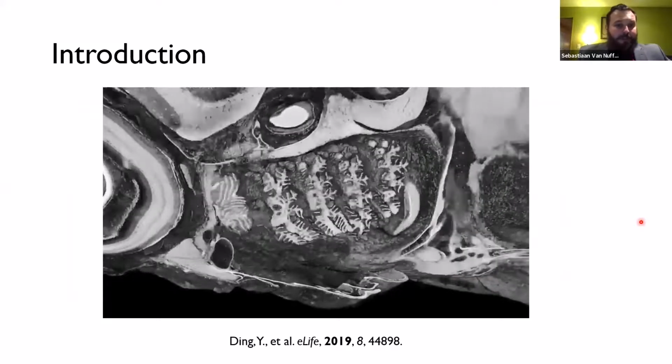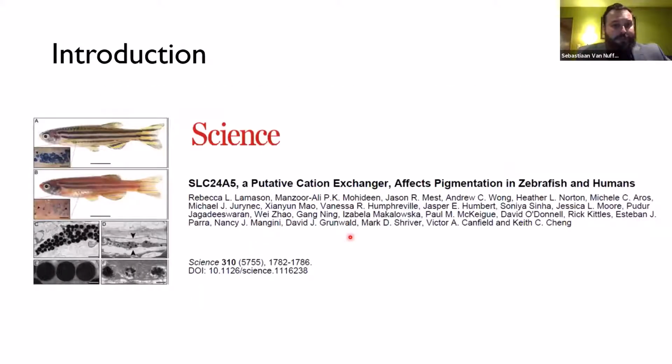A couple of years ago, in 2005, Qi published a very significant paper where they compared the genome of the wild-type zebrafish with that of the golden mutant. The golden mutant is a lot paler compared to the wild-type. They discovered that the golden mutant had a genetic mutation in the SLC24A5 gene, which they presume encodes a potassium-mediated calcium exchanger.